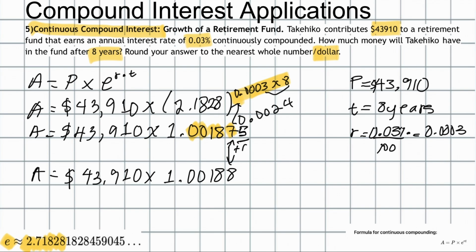And now we are going to multiply the value. I put it into the calculator, and the total amount within 8 years earned with continuous compounding is going to be approximately 43,992.